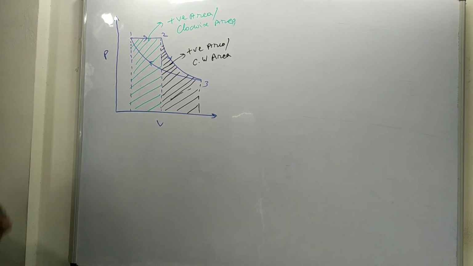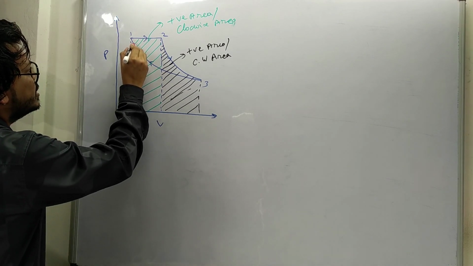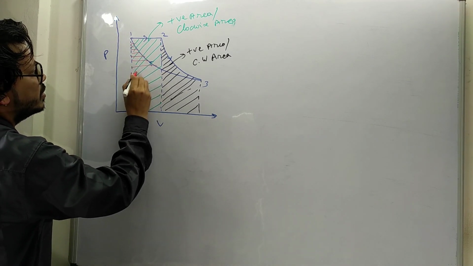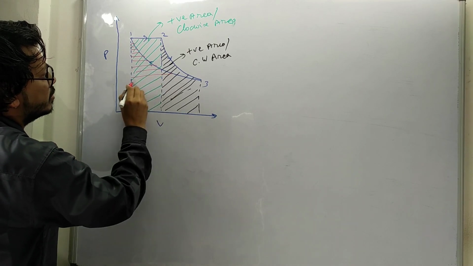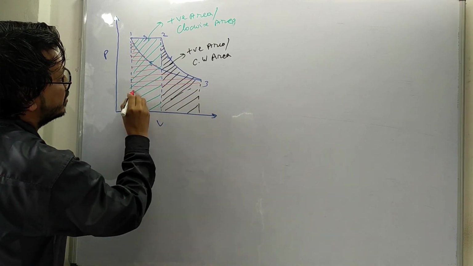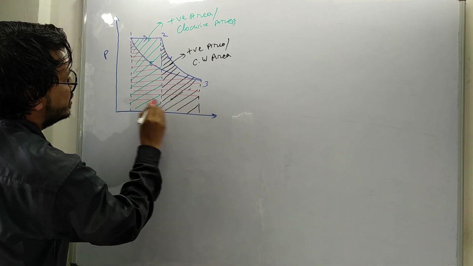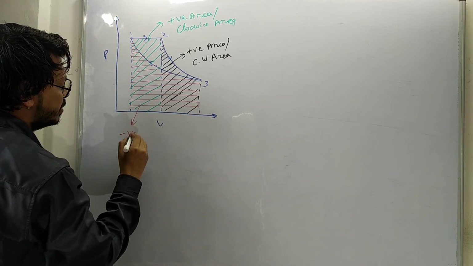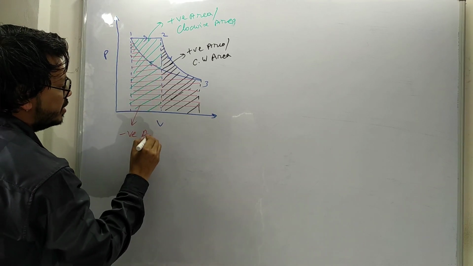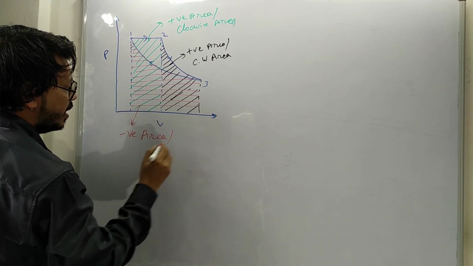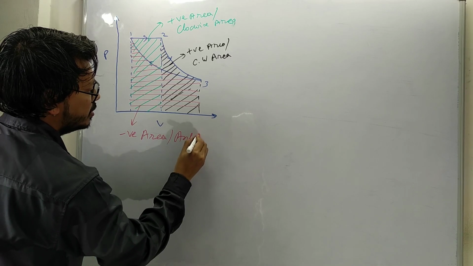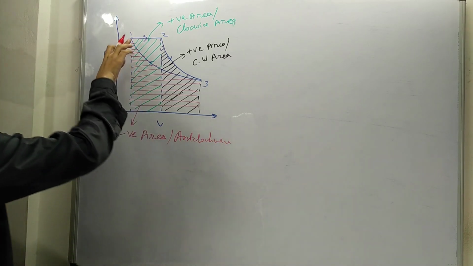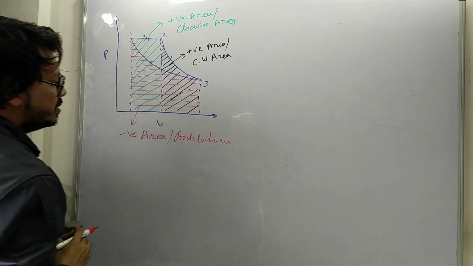This is the area under the process 3 to 1, and this area is the negative area, or anti-clockwise area.